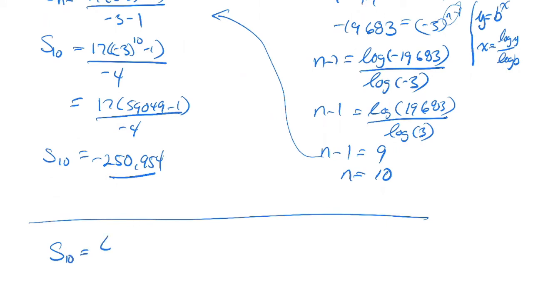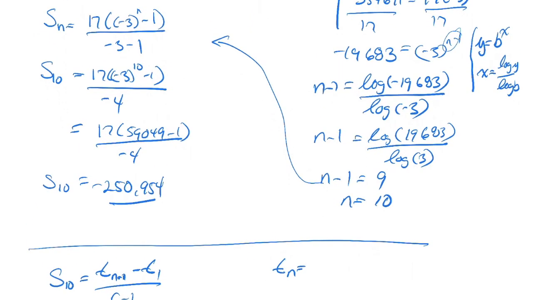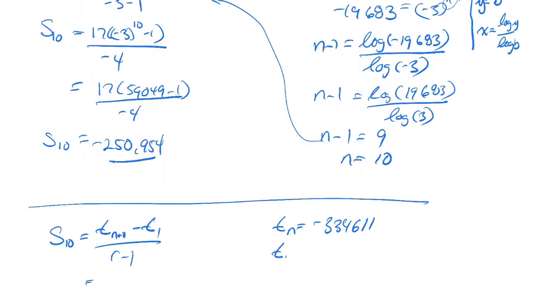So in other words, we're going to take the term after our last term, subtract the first term, and divide by r minus 1. So here we know that t of n, our last term, was negative 3,346,611.